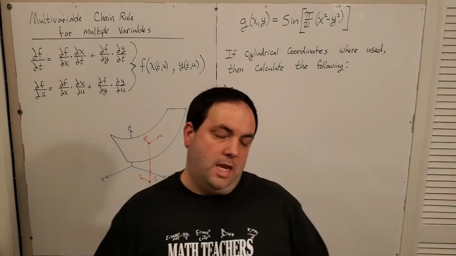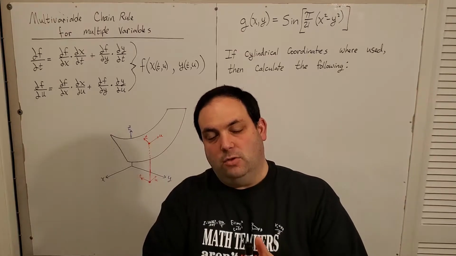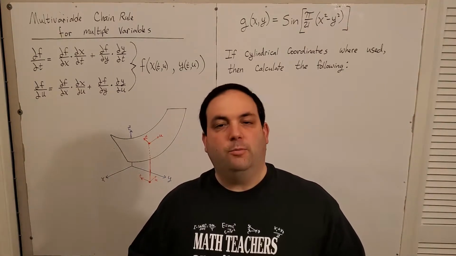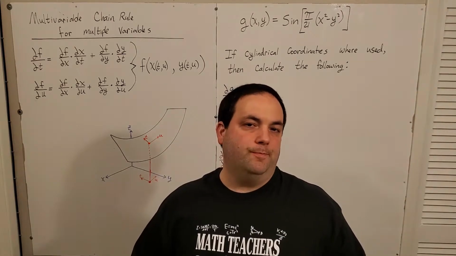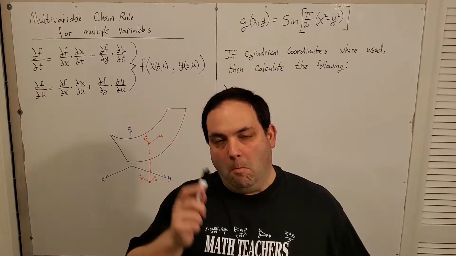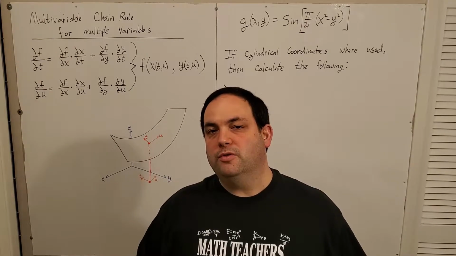Okay, so you've seen what happens when we try to take a single variable on a multivariable surface. Just like before, what you end up with is a curve in space. It's a subset of the domain. Now, what happens if you have multiple variables inside of multiple variables?